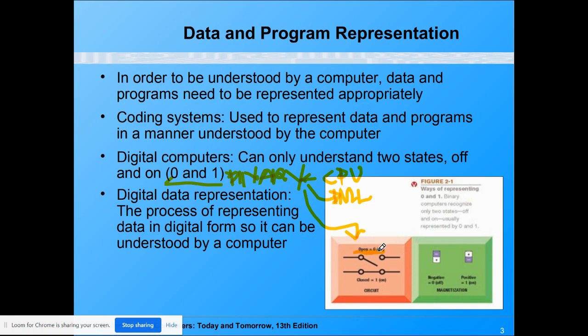So binary is 0 and 1. When we talk of 0, that's off. When we talk of 1, it's on. So that's how it works. Every data and program in our computer needs to be represented appropriately. So it is compiled, and we have what we call the compiler.